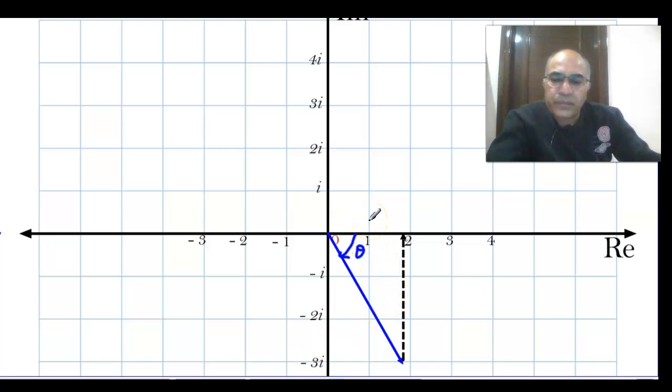This measure is of root 3 and this measure is 3 units. This length is square root of 9 plus 3, 12, that is again it is coming out to be root 12, which is 2 root 3.